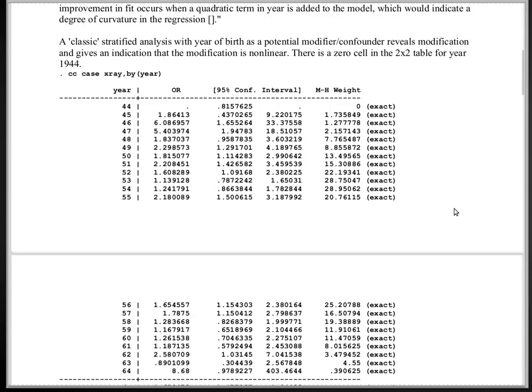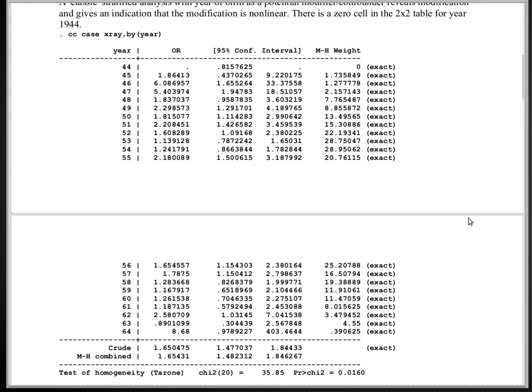And what do we have here? Well, it's a lot. The first thing is that there is a zero cell in the very first 2x2 table, and so we see that one of the odds ratios is excluded from discussion. However, what we can also see is that, well, it does appear that we have something more than just a linear relationship between the odds ratio and the year of birth here.